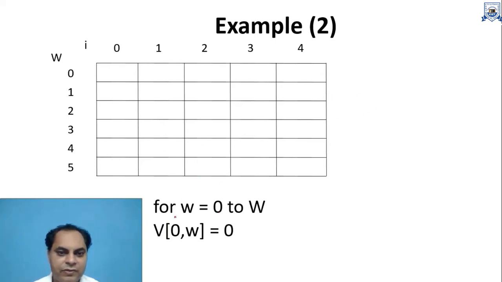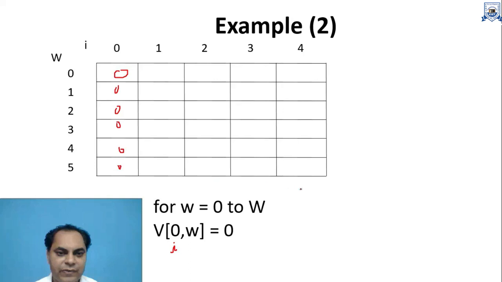As per the first loop, for W equal to 0 to capital W, V[0][W] means the value remains 0. It signifies that it doesn't matter what is the capacity of the knapsack, if you are not considering any item, that means if there is no item in front of you, the value gain would remain 0. Okay, so it is 0 0 0 0 0 0.